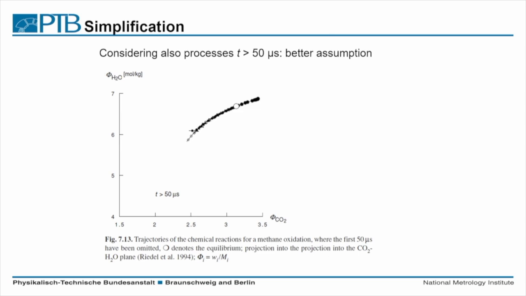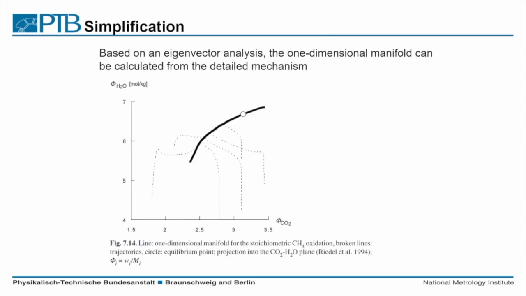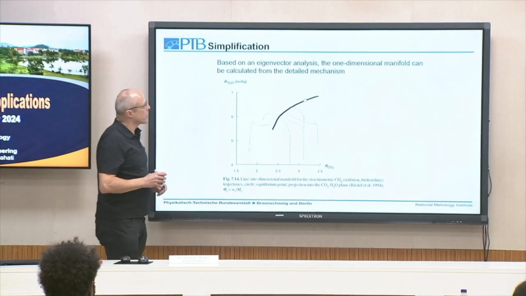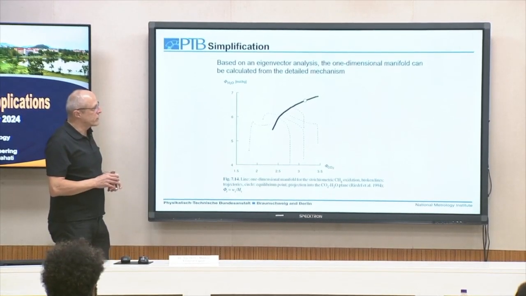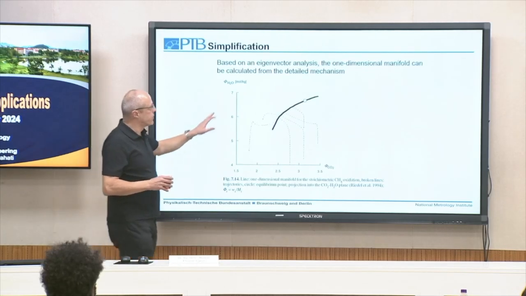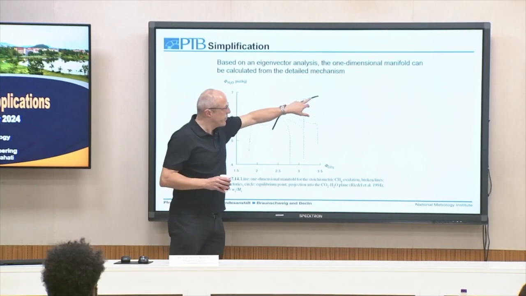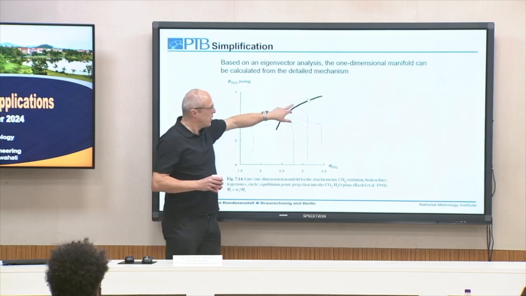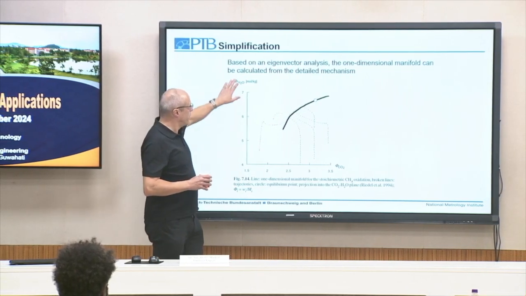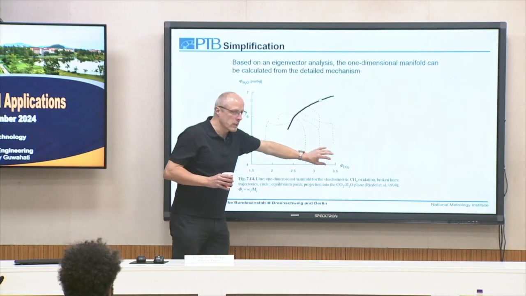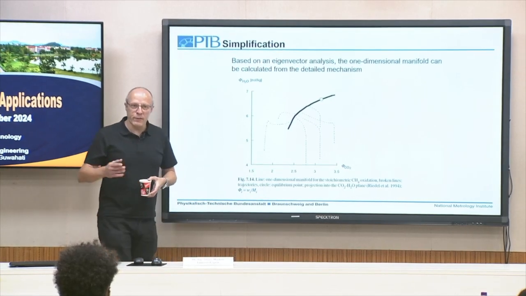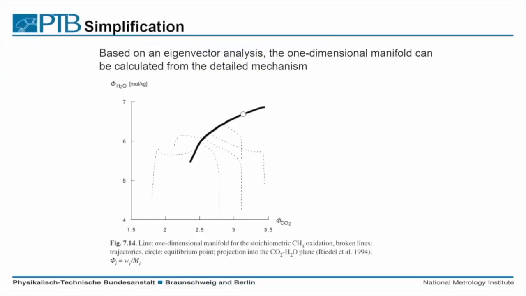So we cover much more of our state space. And this we can optimize. So I don't go into the mathematical details here, but we finally yield a one-dimensional manifold. That means we yield this manifold here in the state space of water and carbon dioxide. And this finally describes our total system.